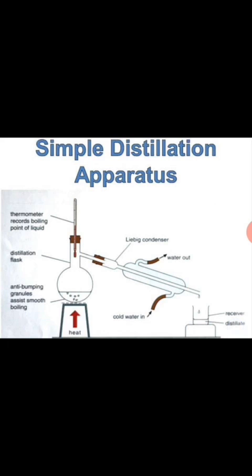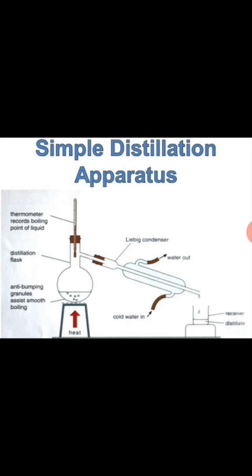By the time you start heating, once it gets to the boiling point of ethanol, that is the one with the lower temperature, there is going to be a release of vapor, and this vapor will pass through the condenser and get condensed. Once it gets condensed, it turns back to liquid, and this liquid is received here in our receiver. The liquid received here, we call the distillate.